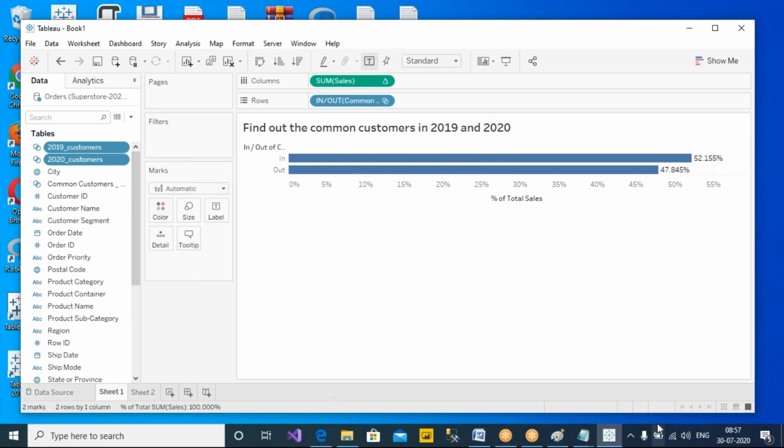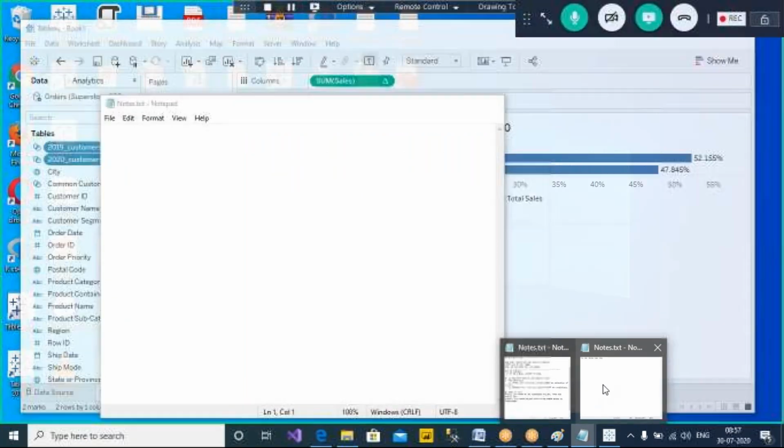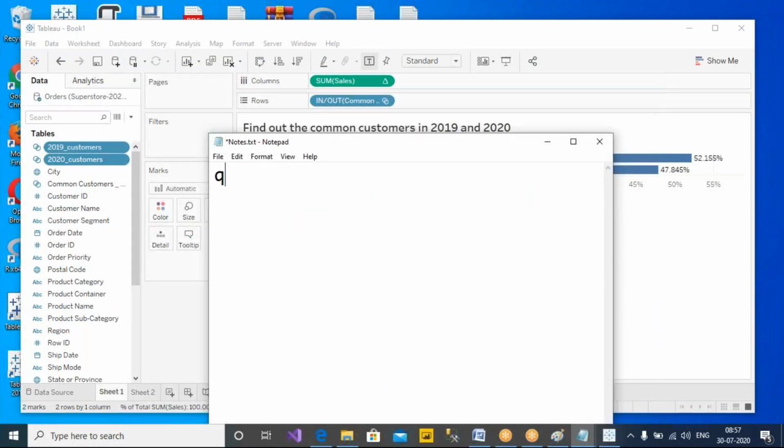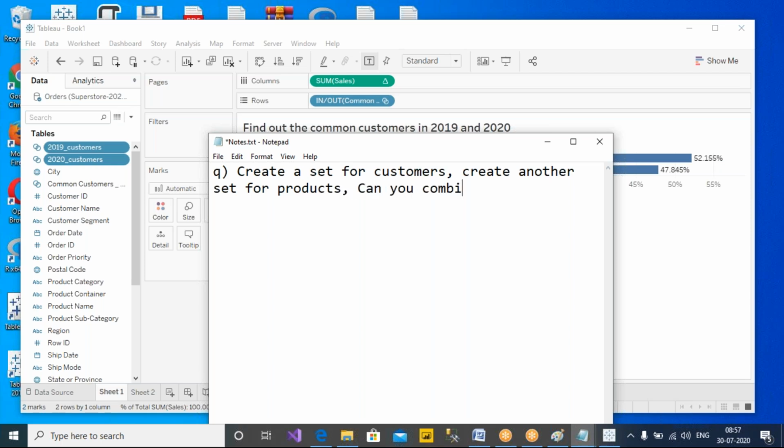All right. Now let's go to the notes section, and let's put this question. Create a set for customers, comma, create another set for products. And the question here is, can you combine both sets?